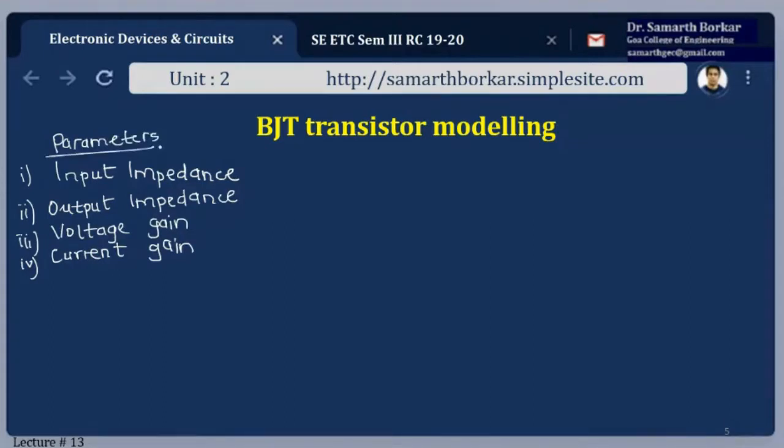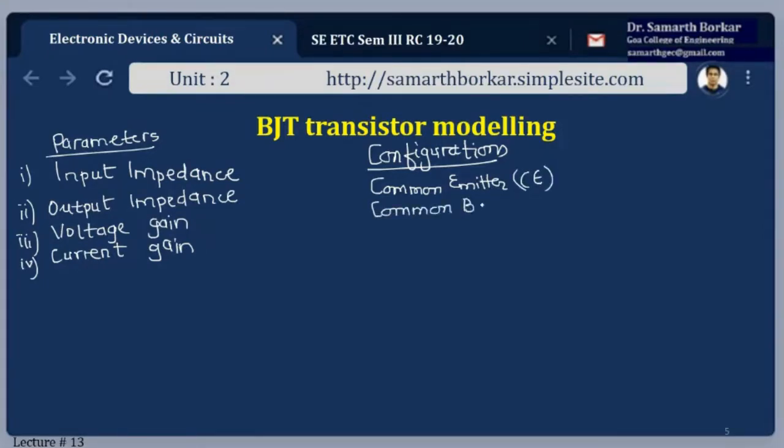Okay. And then we have something called configurations. What are the configurations? Common emitter, which is written as CE, common base, which is CB, and common collector, which is CC.